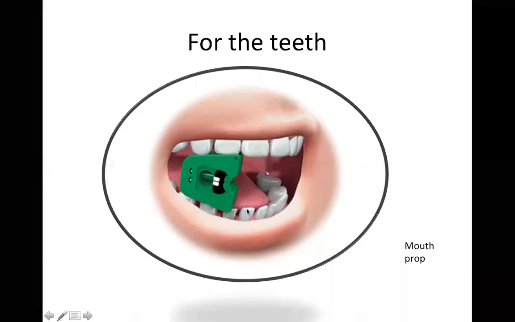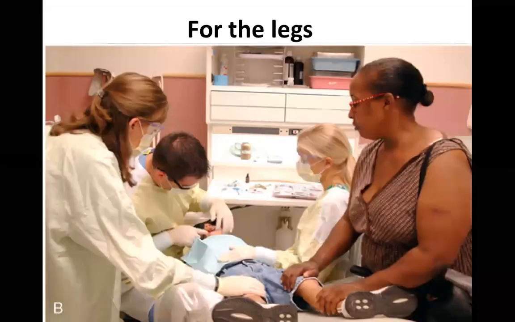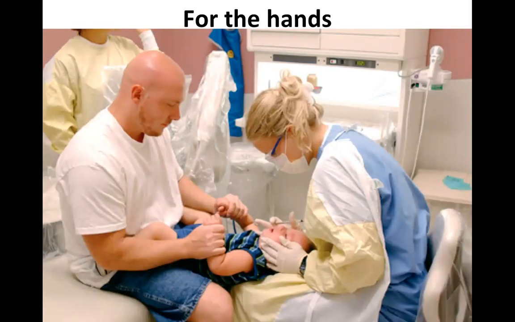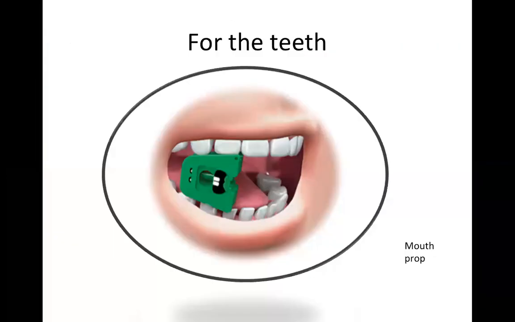So the mouth prop is mandatory while you're working with children, because they can move anytime, anywhere. So always, the Papoose board for hands and legs, and for the teeth, this is the mouth prop.